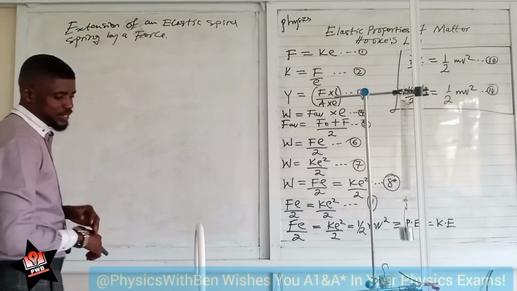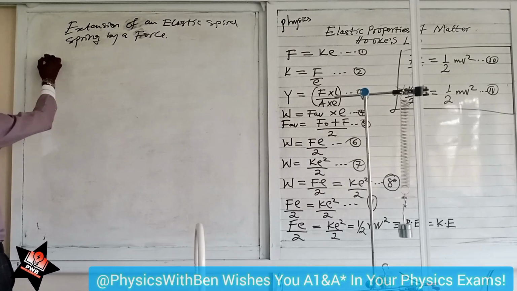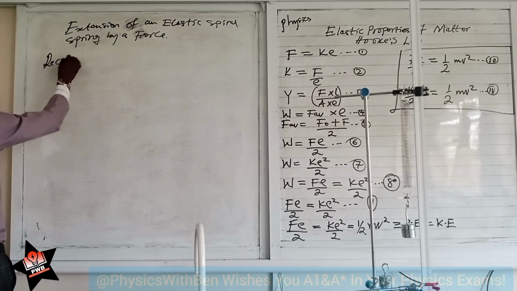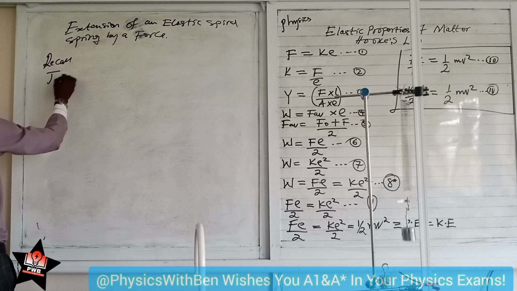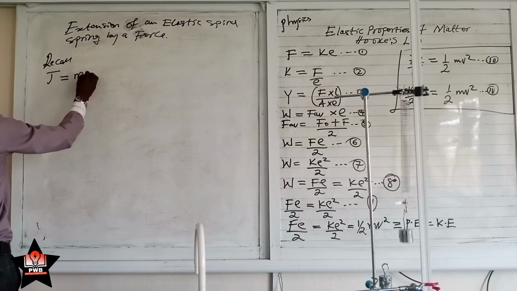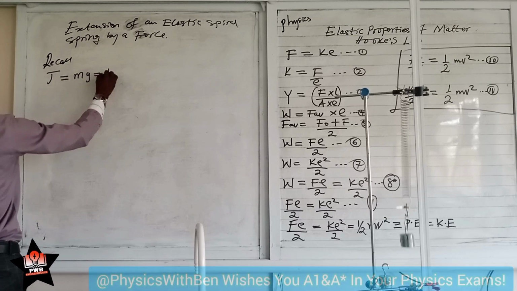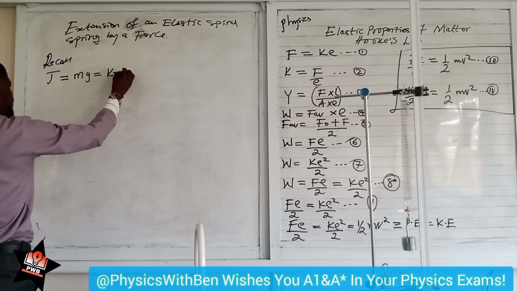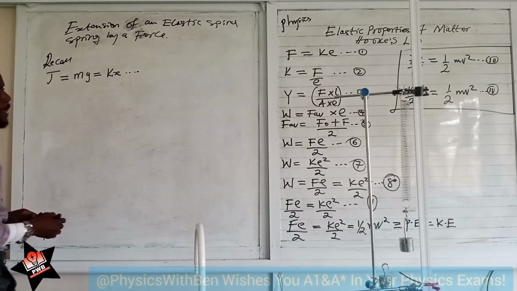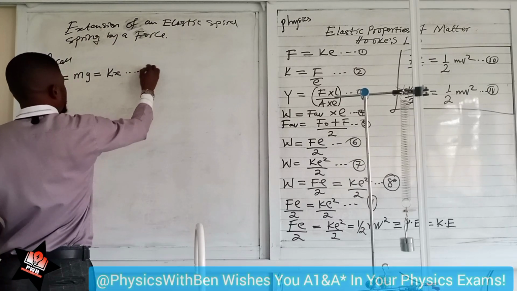We write that, recall that the tension T is given by the weight of the mass, that's gravity, and this is written as Kx. Call this equation number 12.